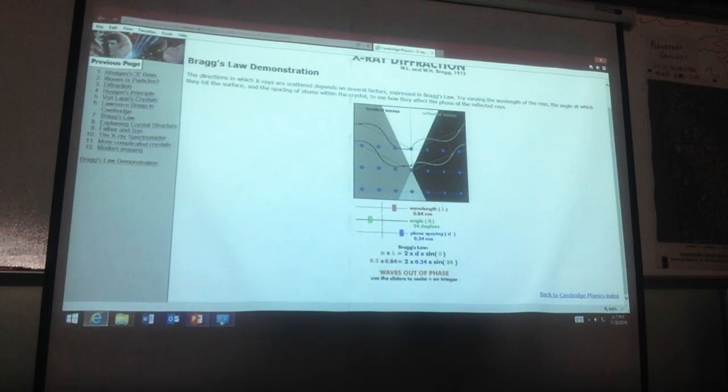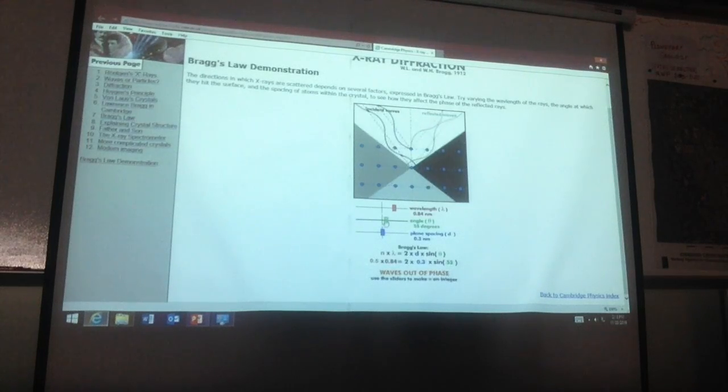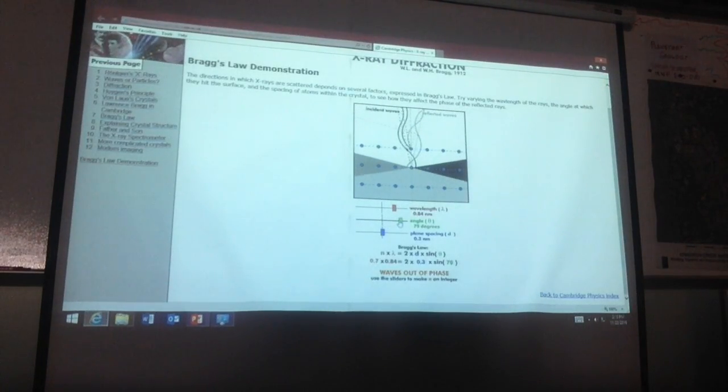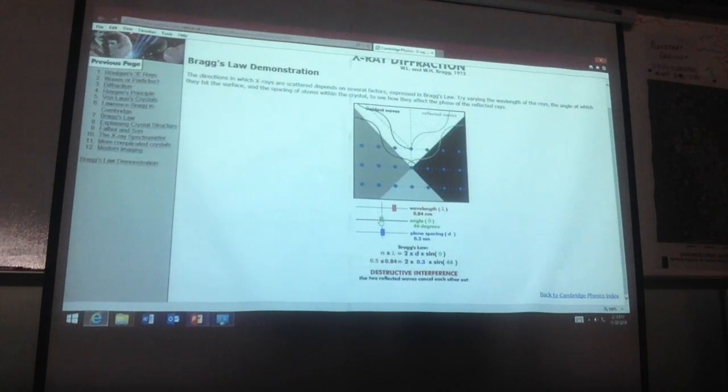What is N? N is just an integer for determining your wavelength, but N is influenced by your angle, and it's influenced by your wavelength.